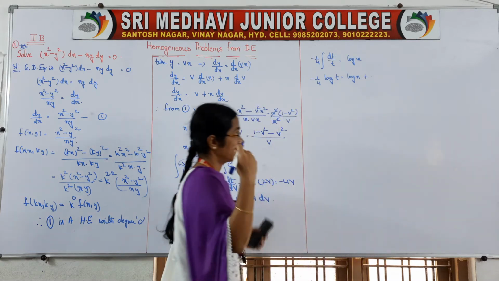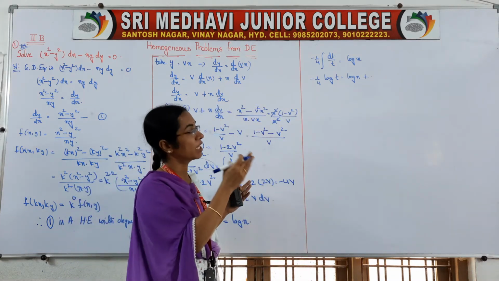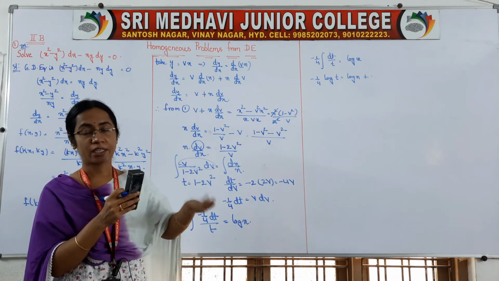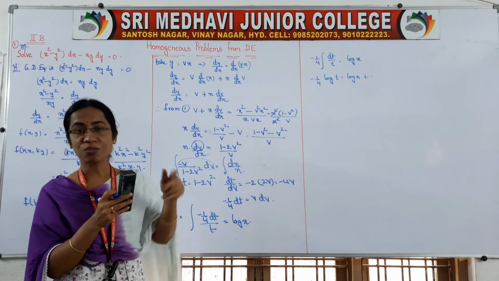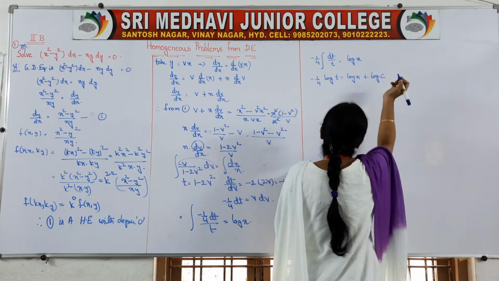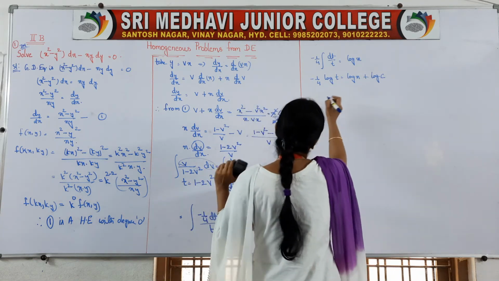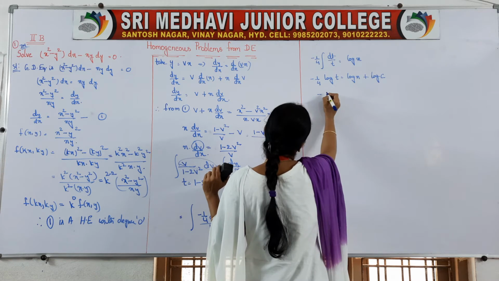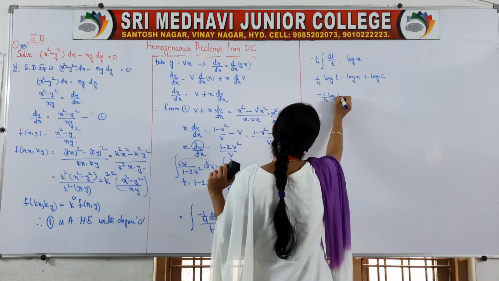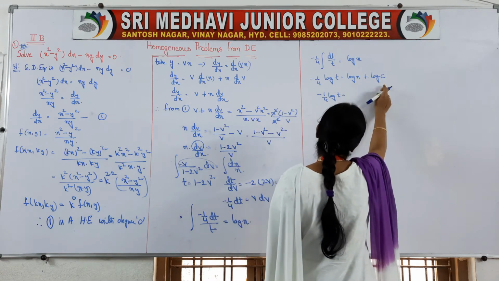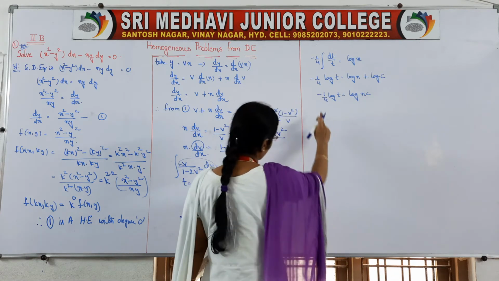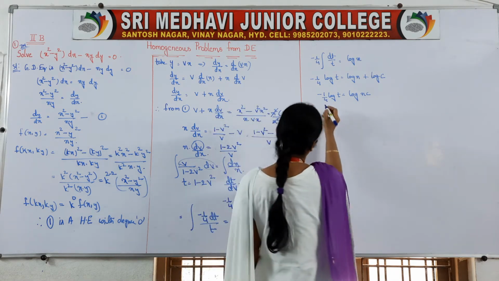Whenever we complete the integration, we have to take an integral constant. If all are in terms of log, we take the constant also in terms of log, so we take log c. Now this can be written as −1/4 log t = log x + log c, which is log m + log n = log mn, so log xc. Now send 4 that side: −log t = 4 log(xc).